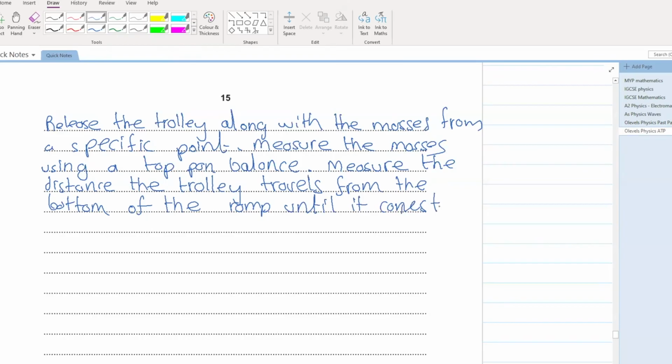Perfect. Let's label this distance as d.